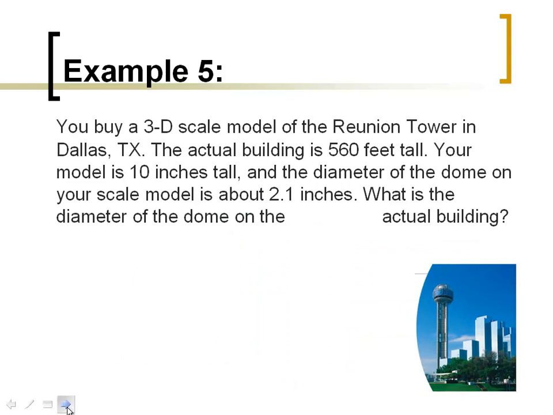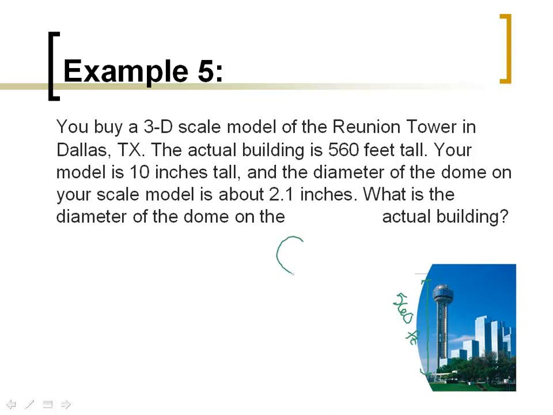Let's look at our next one. It says you buy a 3D scale model of the Reunion Tower in Dallas, Texas. The actual building is 560 feet tall. So I know the height of this building, that's really 560 feet. And the diameter of the dome on your scale model is about 2 inches. So I'm going to draw a little scale model here.